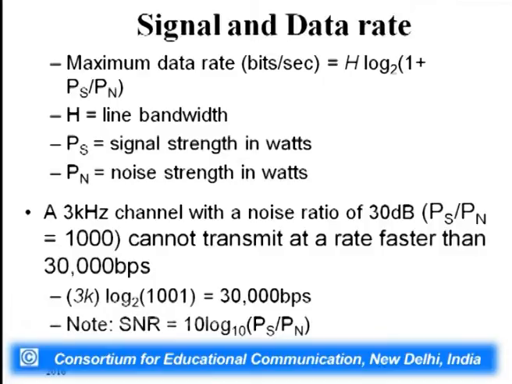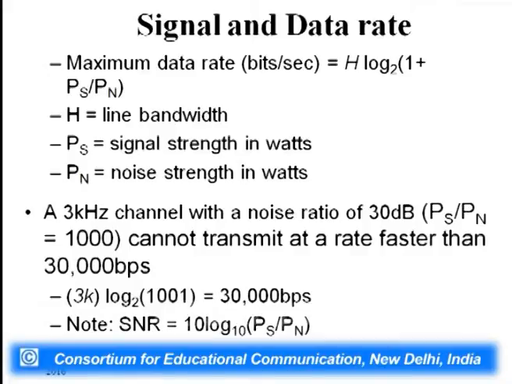Now, take an example, if you have a 3000 hertz channel with a signal to noise ratio of 30 dB. So, noise is represented in dB, decibels, 30 dB, then Ps by Pn will be 1000. Why will it be 1000? So, SNR in dB is 10 log 10 Ps by Pn.